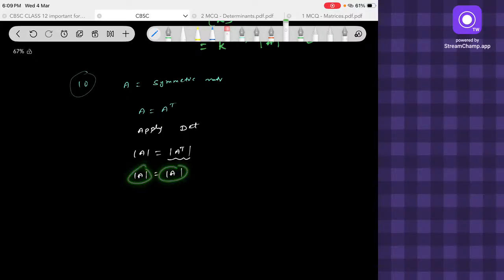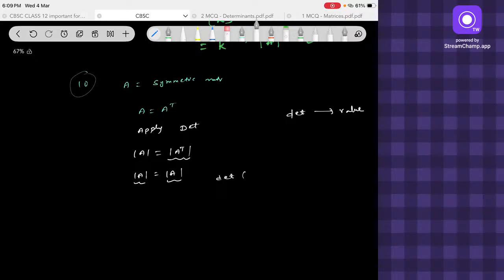That means it may be any real number. Always remember, determinant is just a number. It is a value, a constant value. Det of A is equal to det of A means it may be any real number.